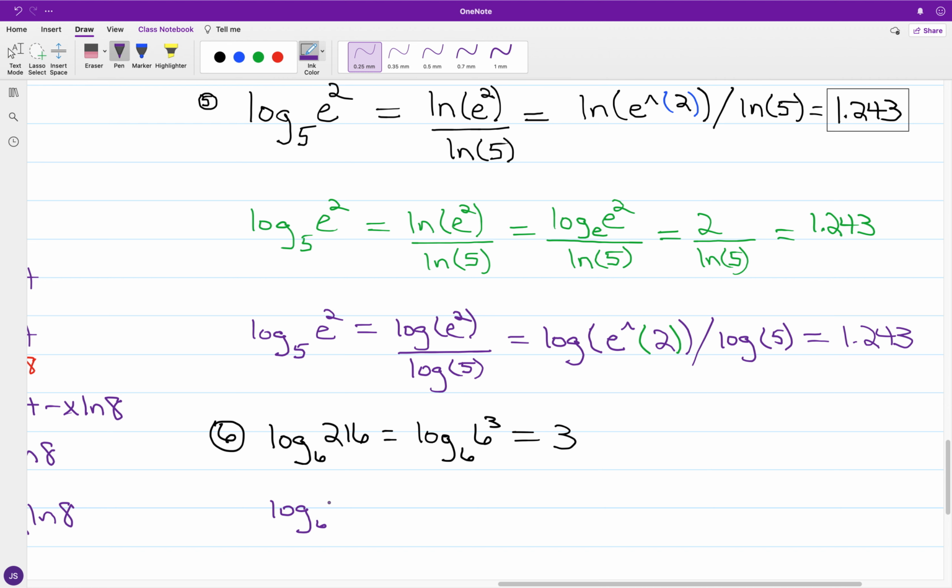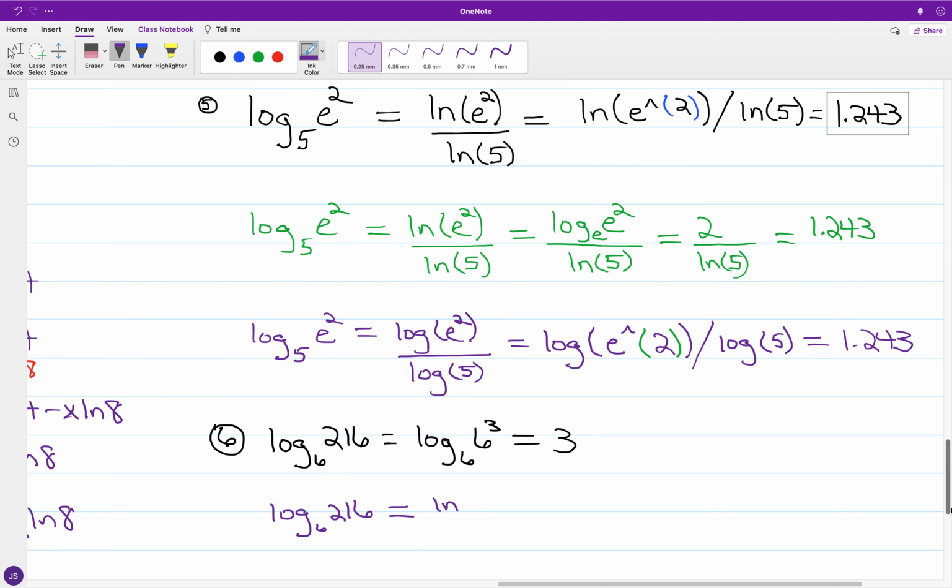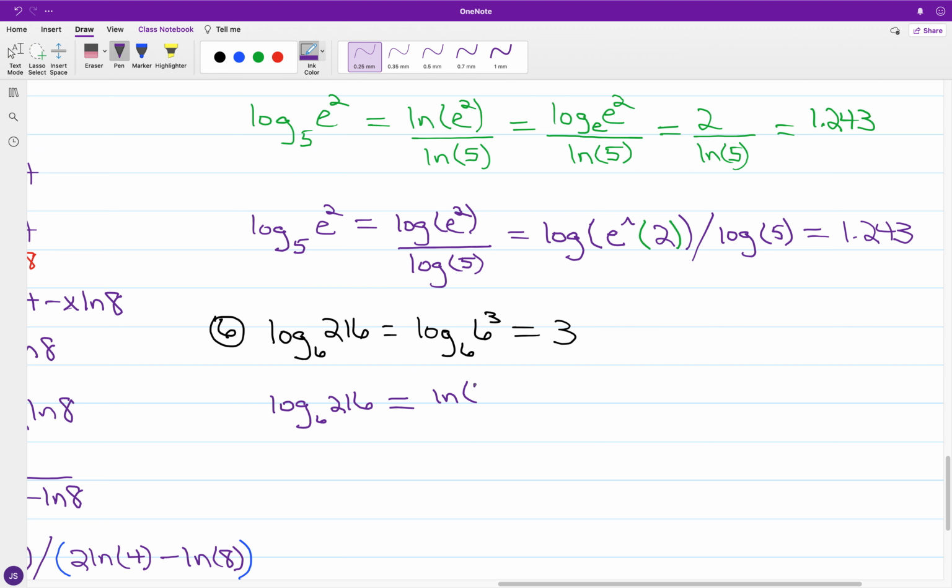If you went with the change of base route, we'll say a is 6 and m is 216. So the natural logarithm of 216 all over the natural logarithm of 6 still comes out to 3. So you're looking at different measures of scale, but it still comes down to the very same proportions, thus identical answers.